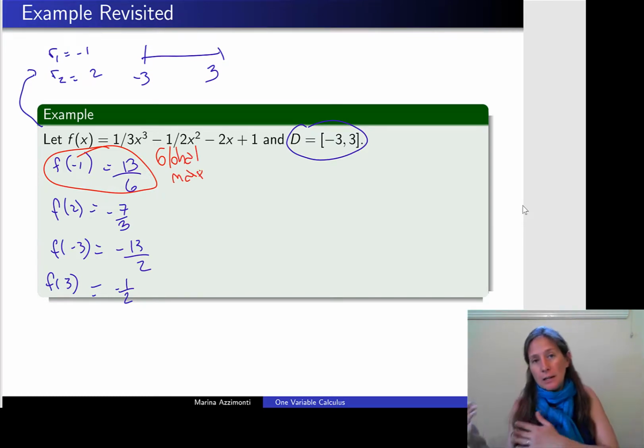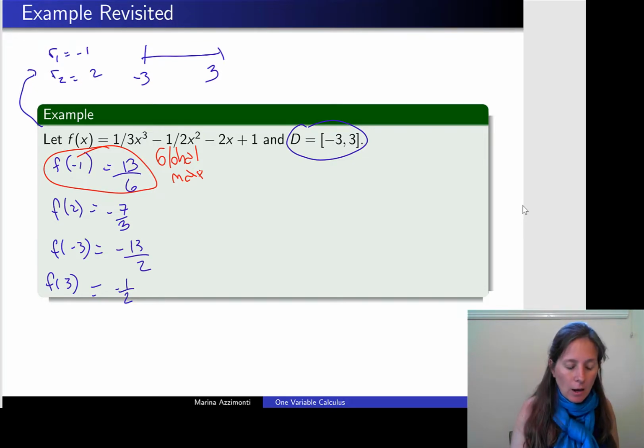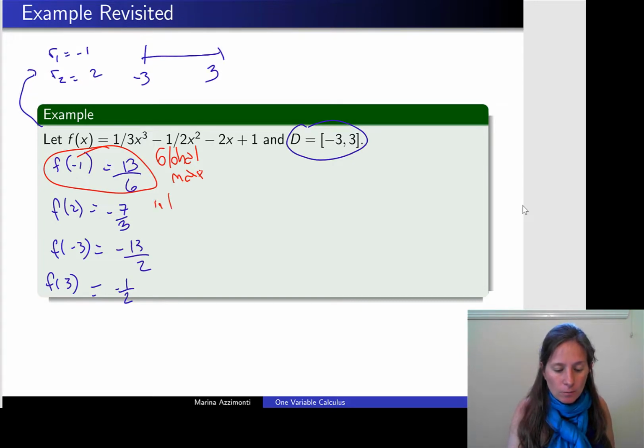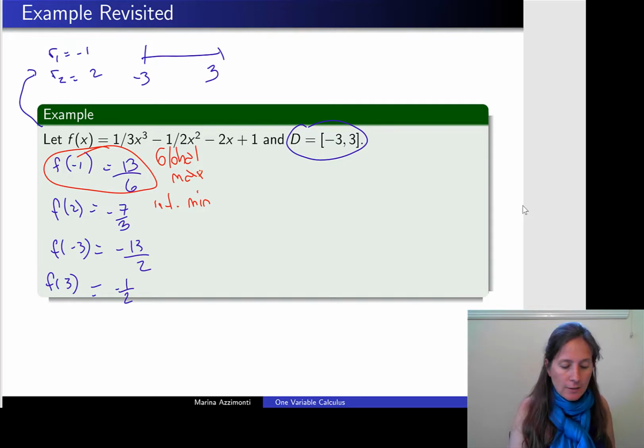And again, it's still an interior local max. Now, when we look at the other values, what's the minimum? Well, our interior min gives us a value of the function that is small, but it's not as small as this value here. So this value here is going to be our global minimum.